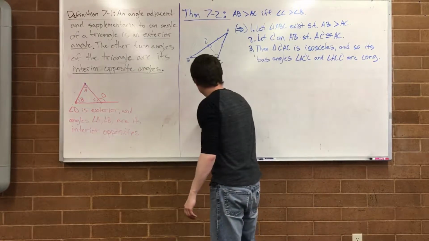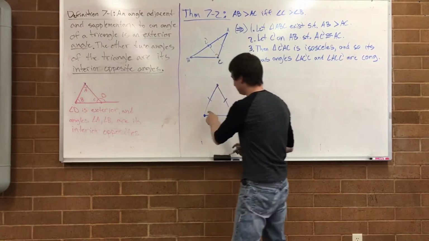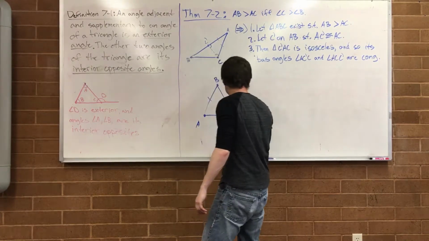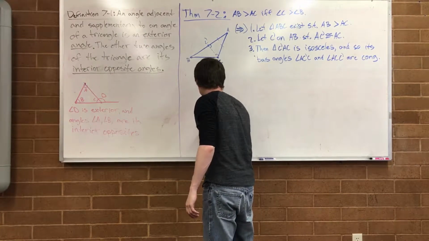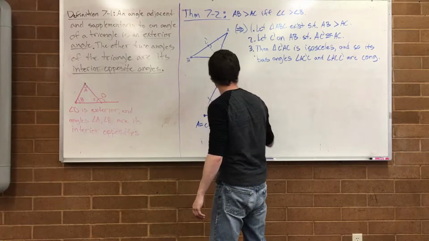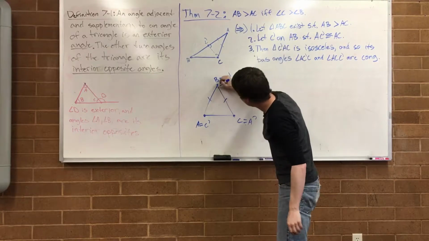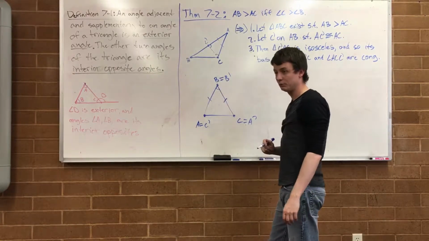Right? The way that we proved that these base angles are also congruent is we said, we'll call this A, B, C, and we'll also call this point C prime, we'll also call this point B prime, and we'll also call this point A prime. And angle B is congruent to angle B prime.